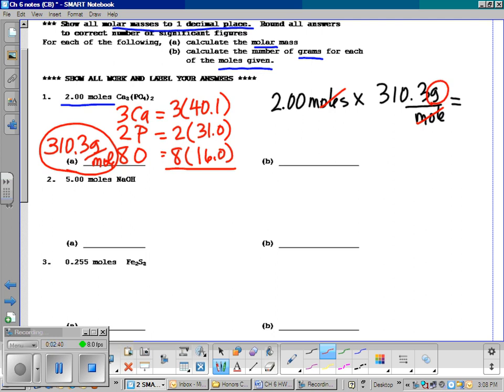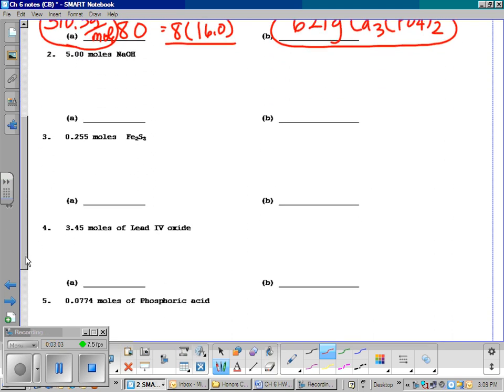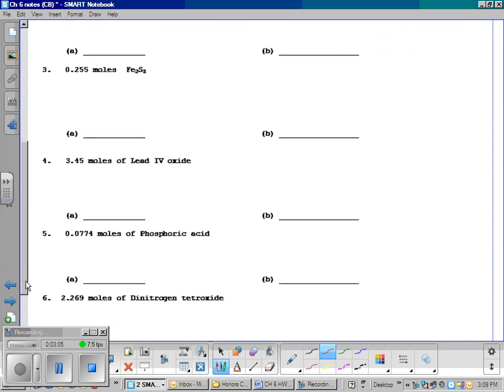So if I do my multiplication there, I have 621 grams because I have 3 significant figures here, I have 4 significant figures there, and I have 621 grams of calcium phosphate. That's it. These problems are not going to get any more difficult than that. So you should be able to go through 1 through 4.